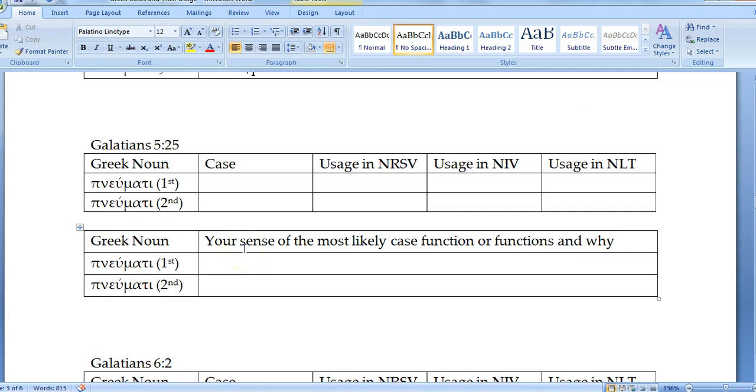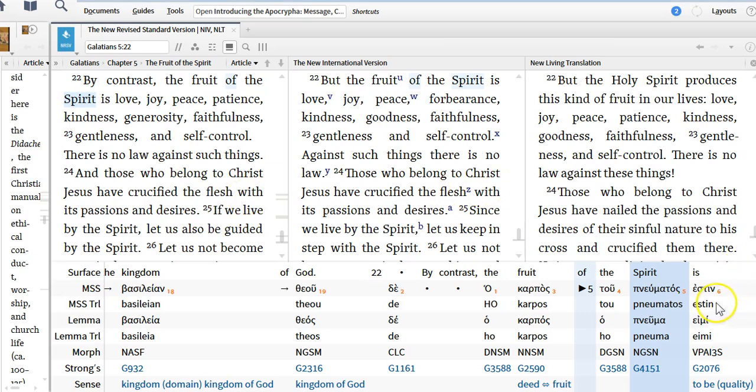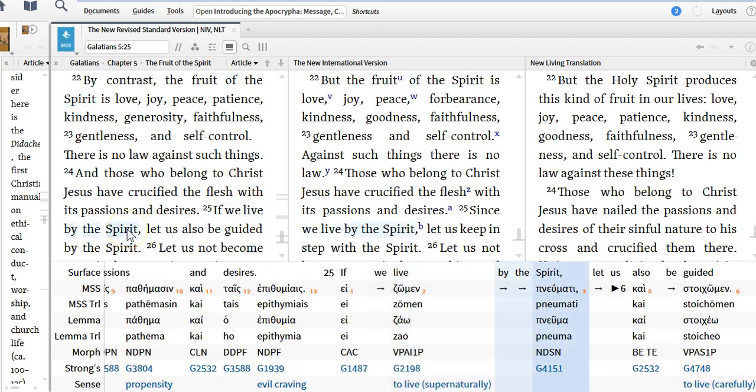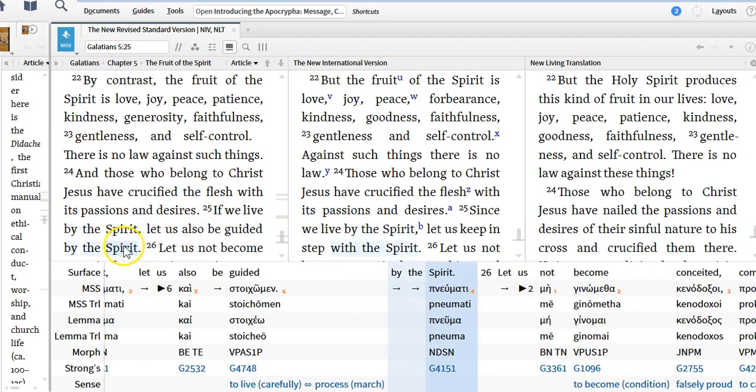At this point, we skip to Galatians 5:25, where we have two instances of the word pneumati, which we might recognize already, since we've seen it before, as a dative case, as pneumati, as a spirit, pneuma, in the dative case. I want to see both forms of spirit here at the same time, but I can't seem to make that happen.